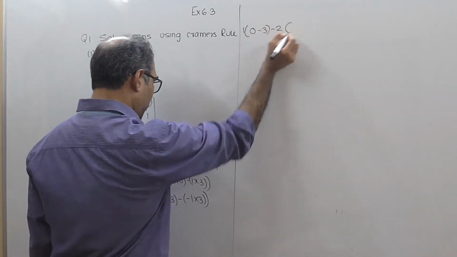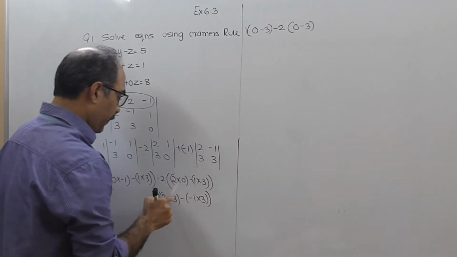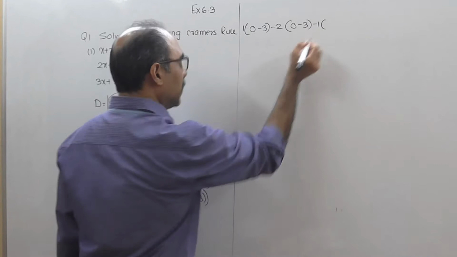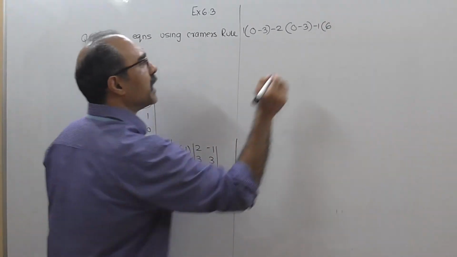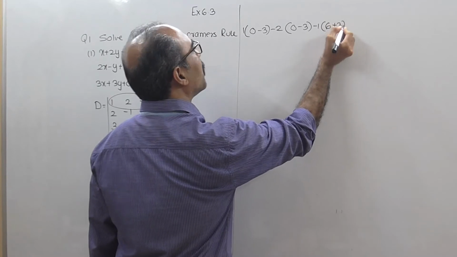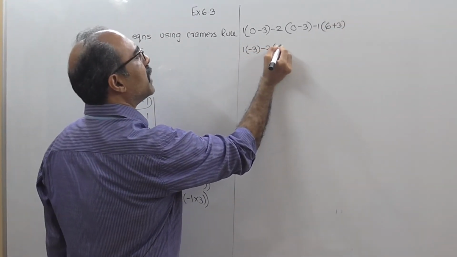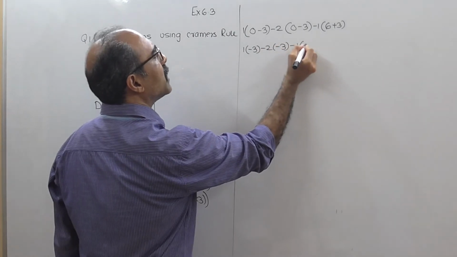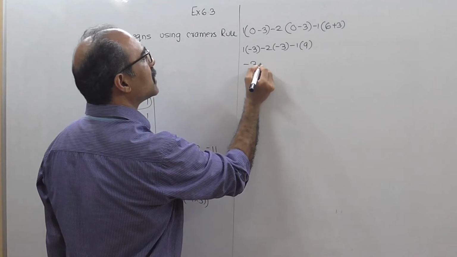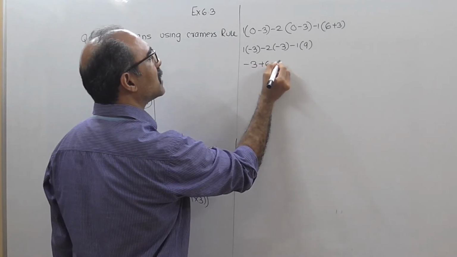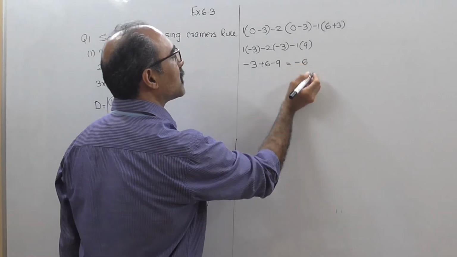Minus 2 times, 2 into 0 is 0, minus 3. Minus 1 times, 2 threes are 6, minus into minus plus 3. So we get 1 into minus 3, minus 2 into minus 3, minus 1 into 9. So this is minus 3, this is plus 6, and this is minus 9. So I think the answer for this will be minus 6.